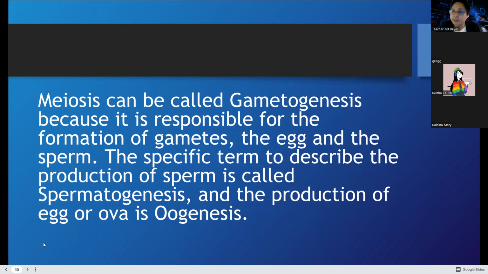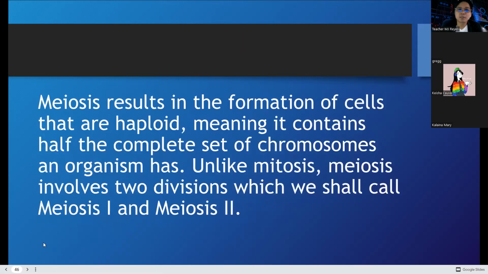This is the parent of the egg, the source of the egg. Meiosis results in the formation of cells that are haploid. Again, the main reason why meiosis creates haploid cells is to maintain the number of chromosomes in a particular species.